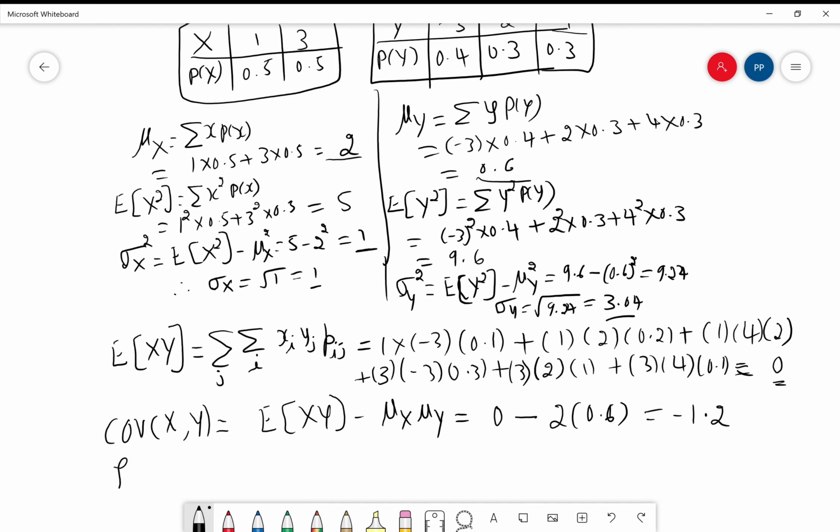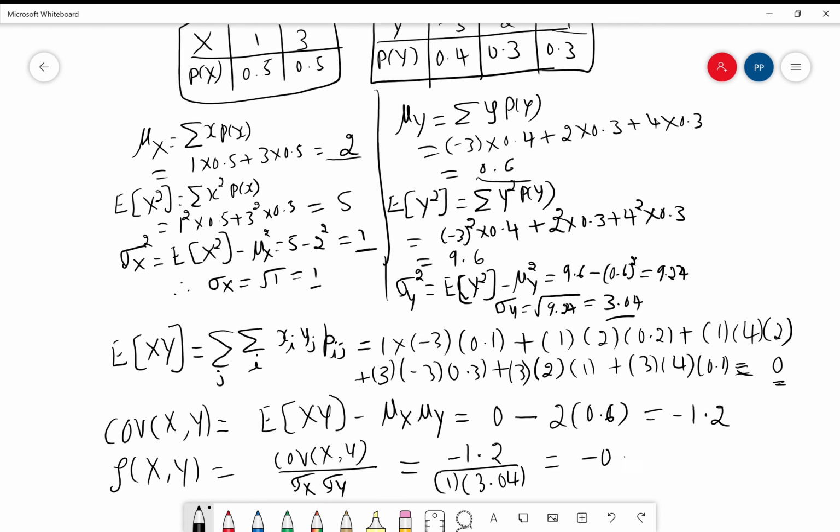Next, correlation coefficient rho of x comma y equals this covariance of x comma y divided by sigma x into sigma y, which equals minus 1.2 by sigma x is 1 into sigma y is 3.04, and you are getting it as minus 0.3947. Okay, this is how we can find it.